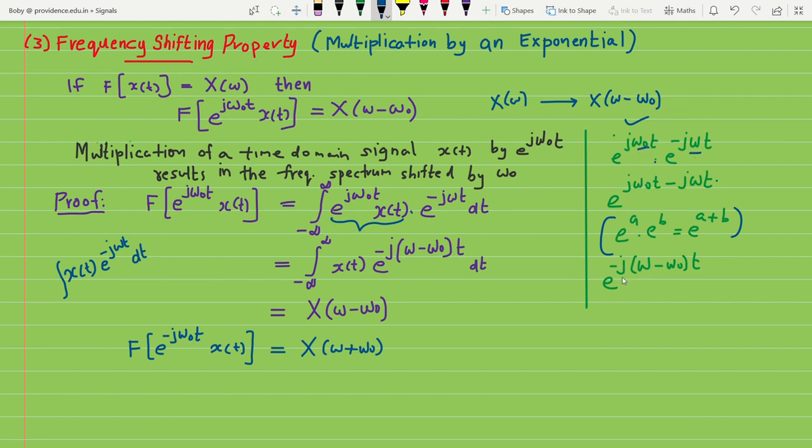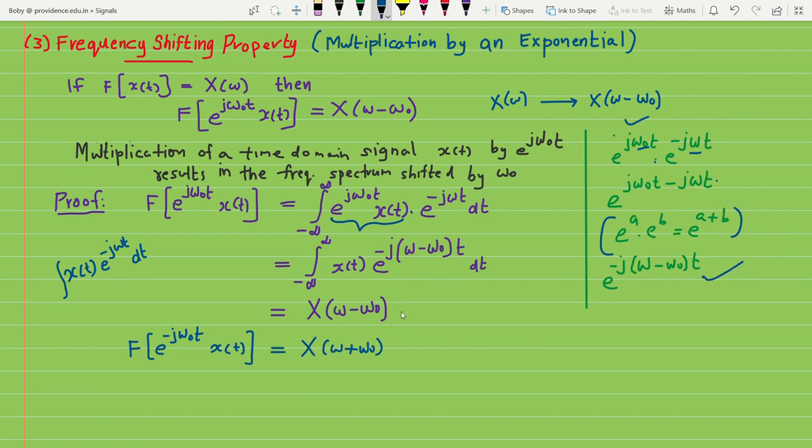Then minus j is taken outside from the power. Then it will be equal to e raised to minus j into omega minus omega 0 into t.